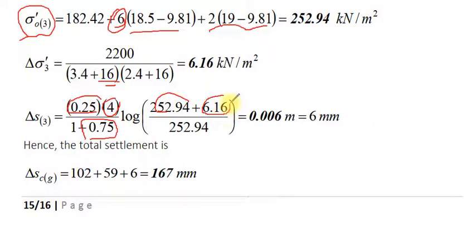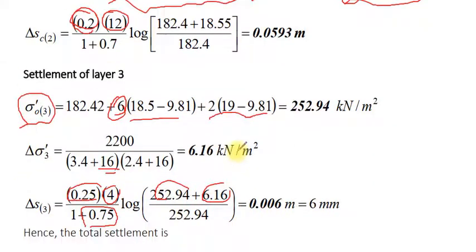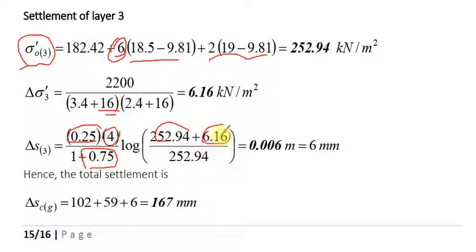Look at the value of delta sigma. It decreases from 18 to 6.16, divided by the overburden pressure, gives us just 0.006 meter.